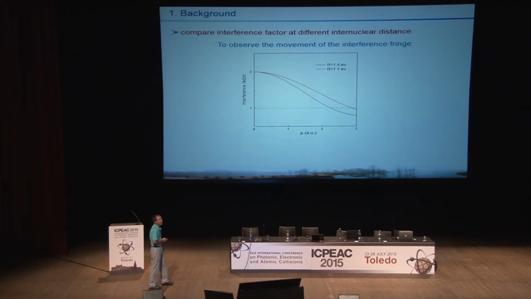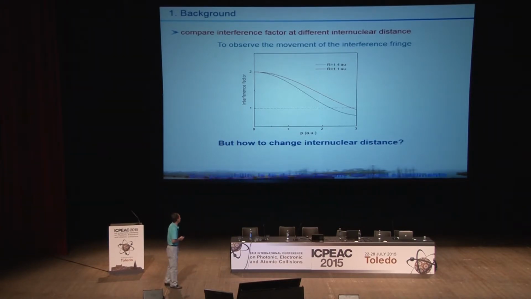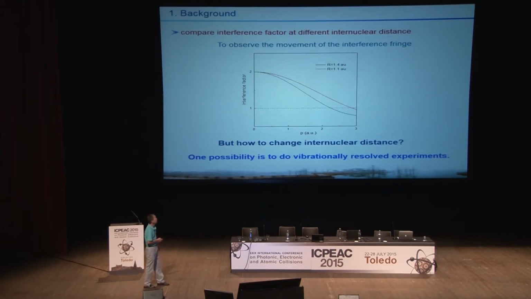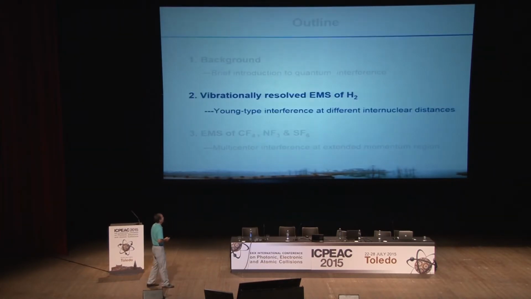So the question is how to change the internuclear distance. One possibility is to do a vibrationally resolved experiment. This is our motivation. So we did the vibrationally resolved experiment on H2.